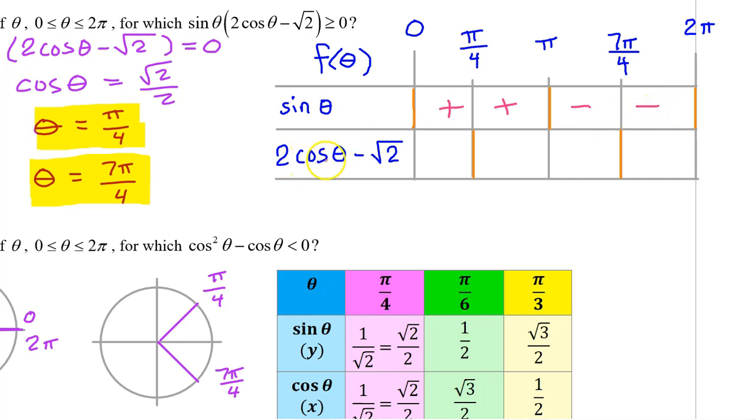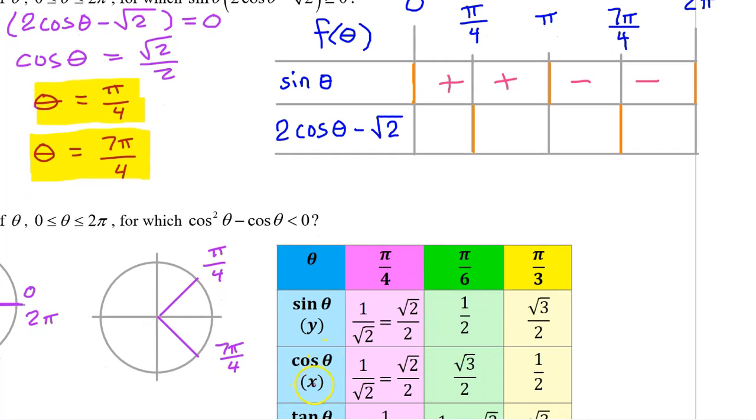What about 2 cosine theta minus radical 2? In this first interval, I can use 0 as a test value. Remember, cosine is the x value on the unit circle, and at 0, the x value is 1, because we are 1 to the right.